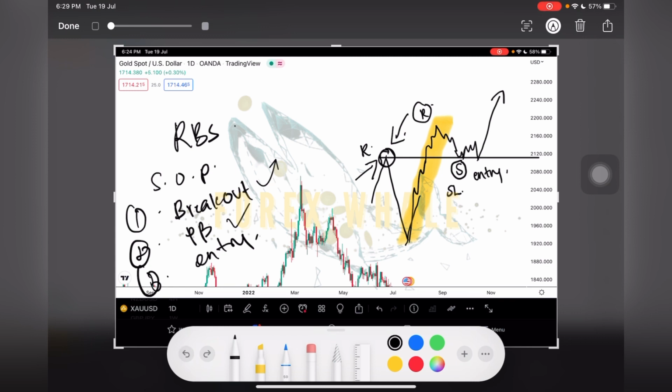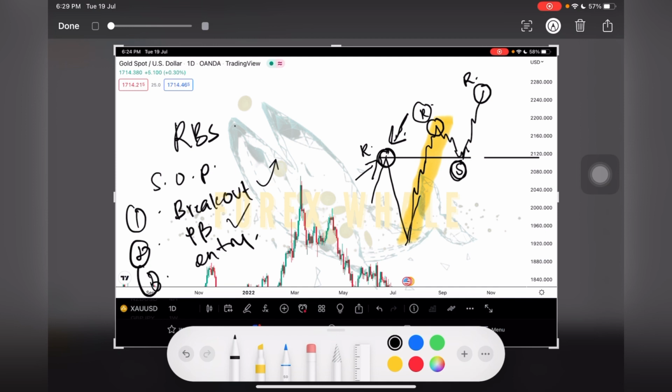There's style number 3, which is my personal favorite. So price created this new resistance here, right? Price broke through this resistance, created a new support on the same level as that resistance, and then price went all the way up only to create a new resistance here.